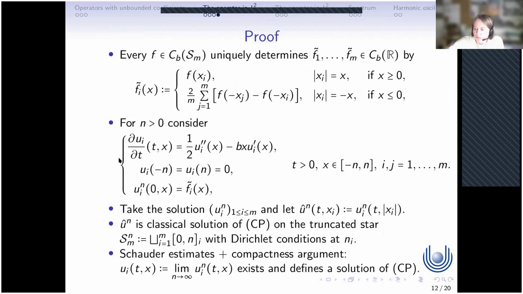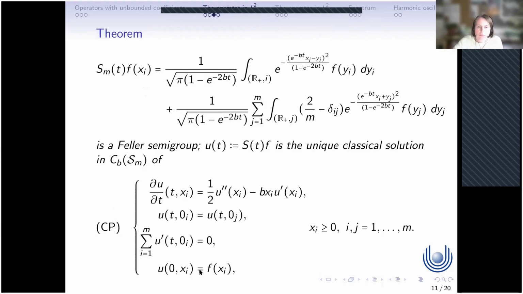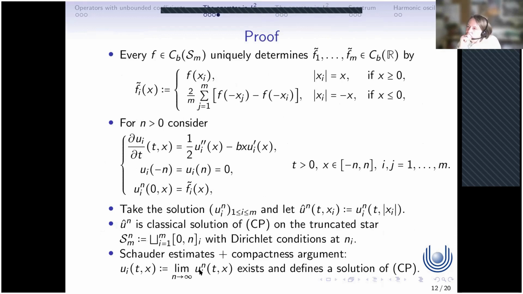Let me just sketch a proof. The idea is a bit different from the classical case in R^n. What you do is you take the initial datum f, and you use it to determine M functions, just as many as the number of rays in the star, each of them defined on a line R. So you pass from the star to M lines. On each of these lines, you solve the problem on a truncated line, so just on an interval of bounded length.